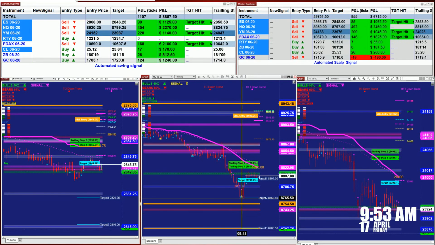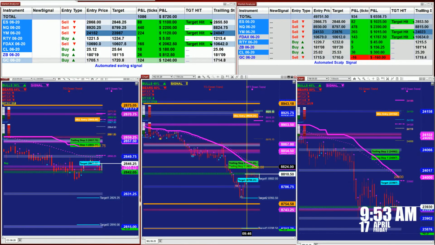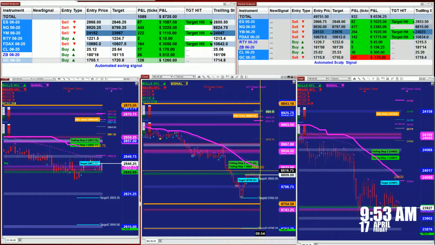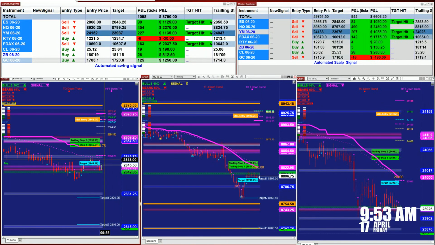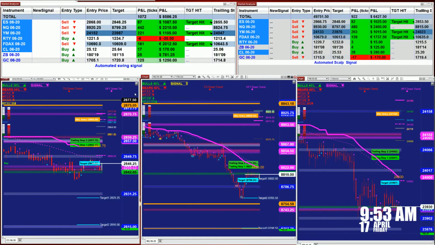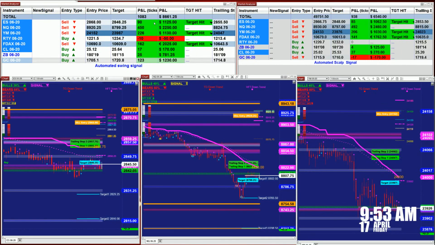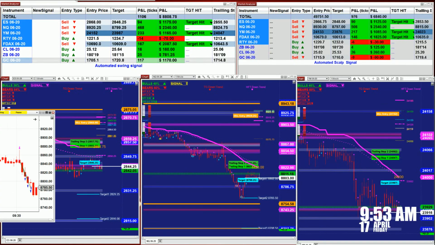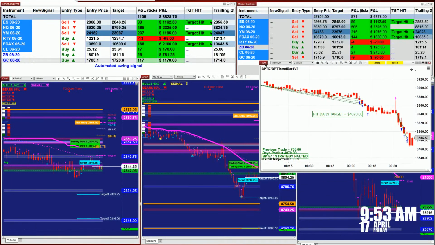And if you've been following us for a few days, you see target 2 hit, profit taken, and now it is climbing to 88.20. There is no long trade. The same story, there is no long trade. And as you see, we hit the target where the system estimated, and we hit the target on the ES. We are over 1,000 ticks into profit based on the last entry.